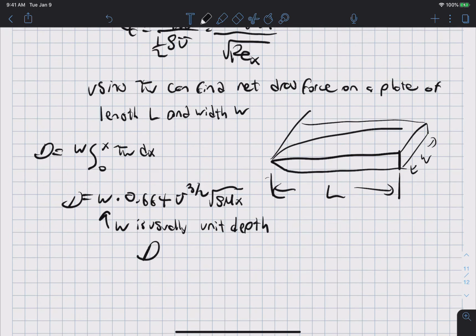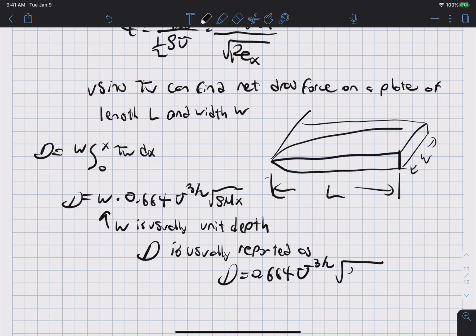So drag, at least drag for a flat plate, is usually reported as the drag is equal to 0.664 times the free stream velocity raised to the 3/2 power times square root of rho times the viscosity times x, and this is understood to be unit depth.